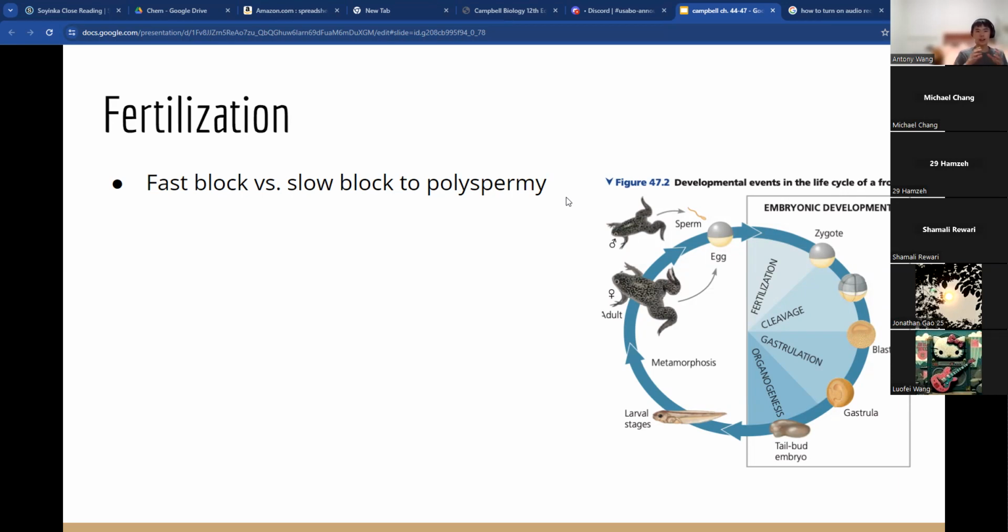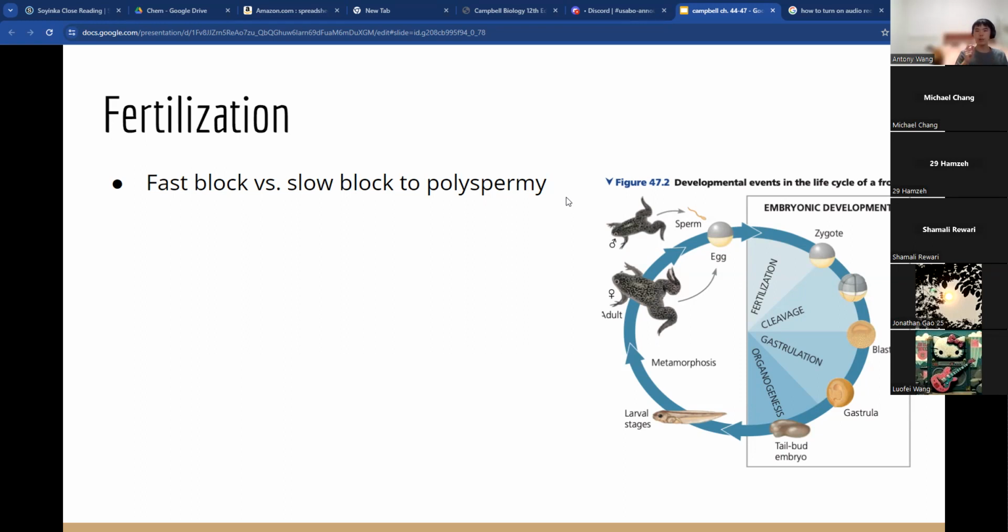So frog eggs have a cell membrane and a vitelline layer, right? And I think, actually, I might have gotten it backwards, but the outermost layer has specific receptors for frog sperm. When fertilization happens, a frog sperm will attach to the receptor, undergo a process called an acrosomal reaction, and eventually the nucleus gets injected into the egg cell.